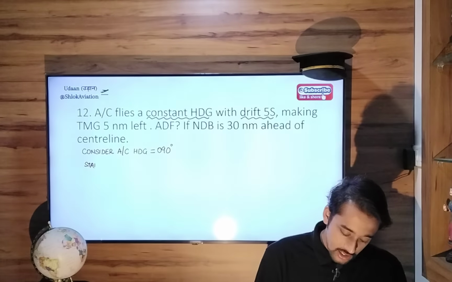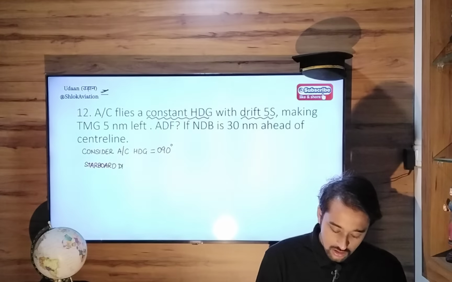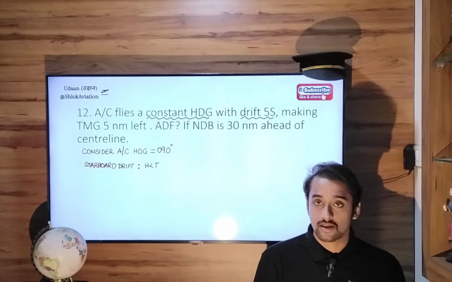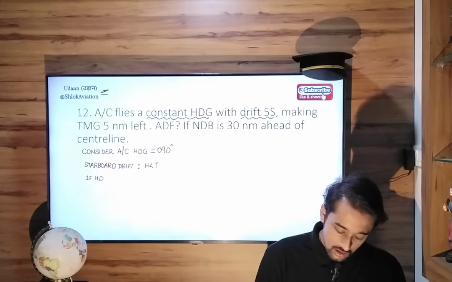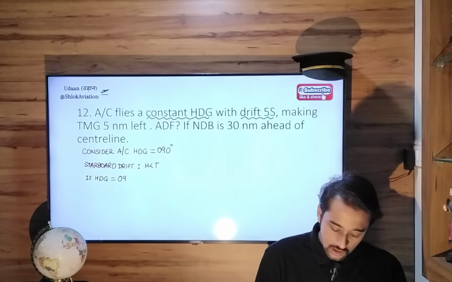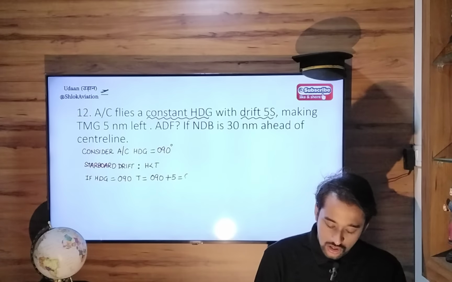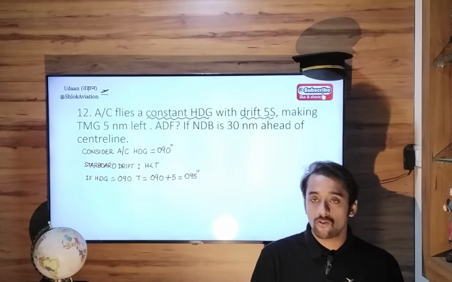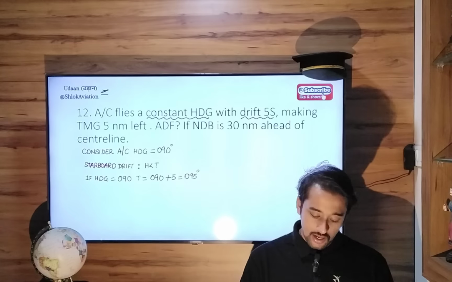For a starboard drift, heading is less than track. So if heading is 090, track will be more than heading by the amount of drift, which is 5 degrees. So track will be 095 degrees.